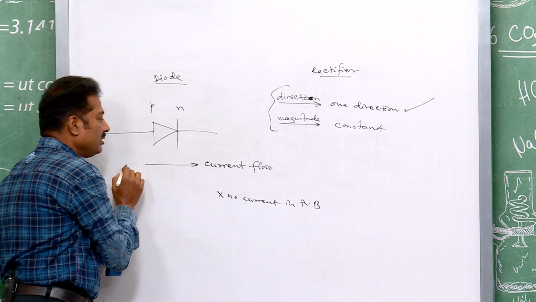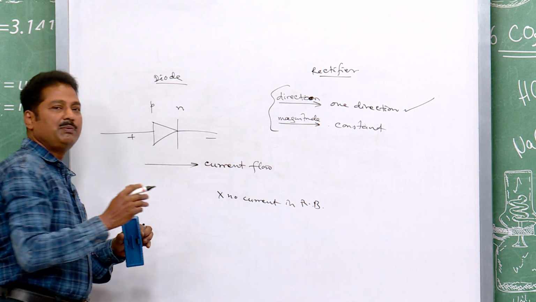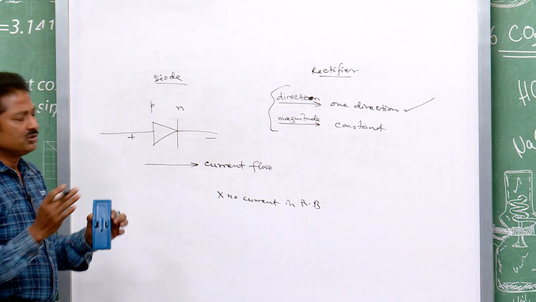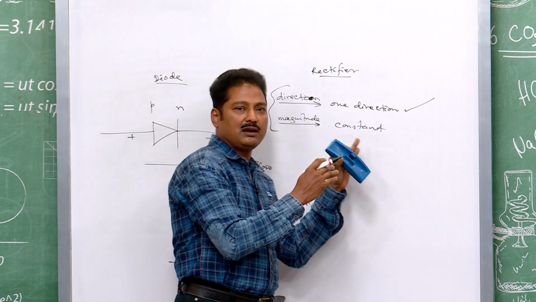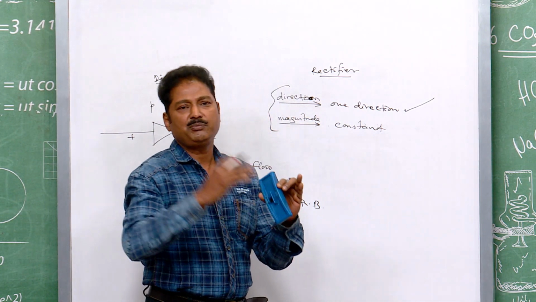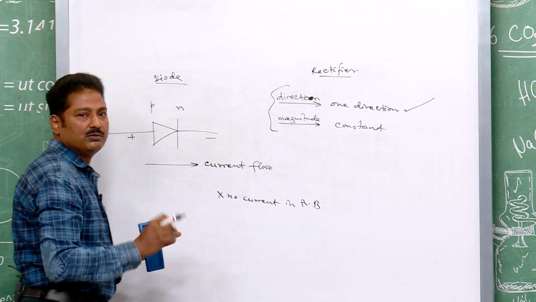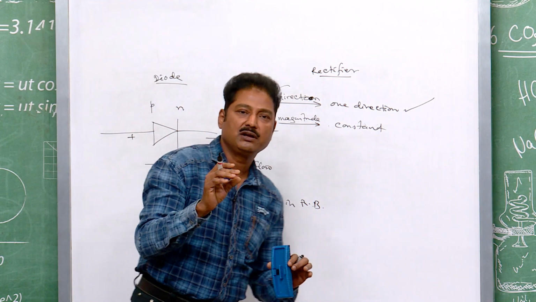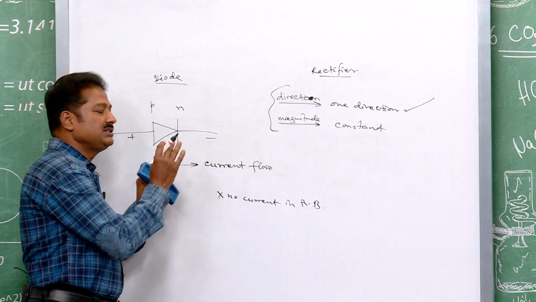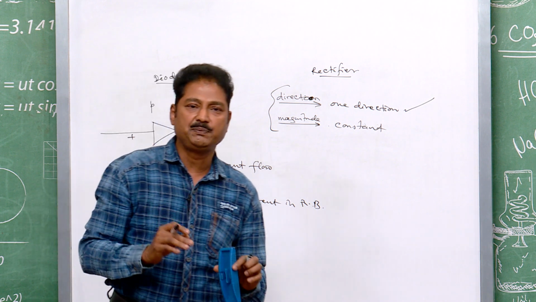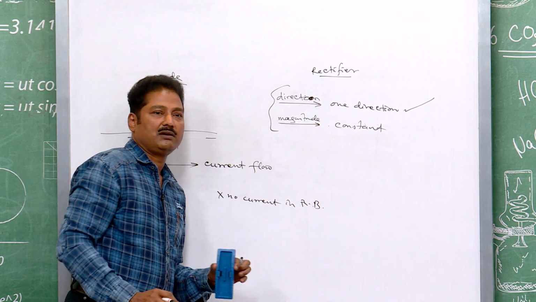The current will flow from P to N only when it is forward biased. If it is reverse biased, no current flows. So, whenever current is flowing, it is from P to N. Here in the rectifier, it is from left to right or right to left, one direction. So, the diode can give you the rectifier circuit because it has this one directional property, it has the valve action. So, this is the principle behind the diode which can be employed to make the rectifier.